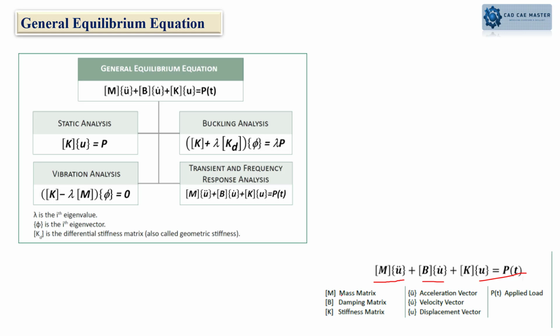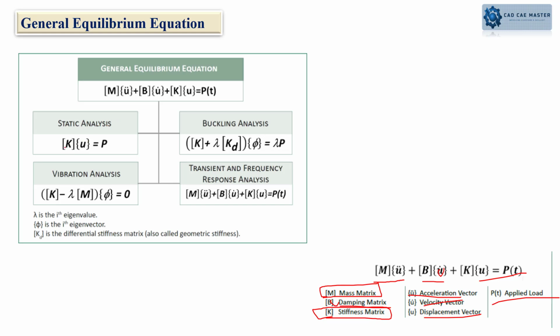Here M is the mass matrix, C is known as the damping matrix, and K is the stiffness matrix we already know. And here u double dot is the acceleration vector, u dot is the velocity, u is the displacement, and P is the applied load. So this is the description of this formula.